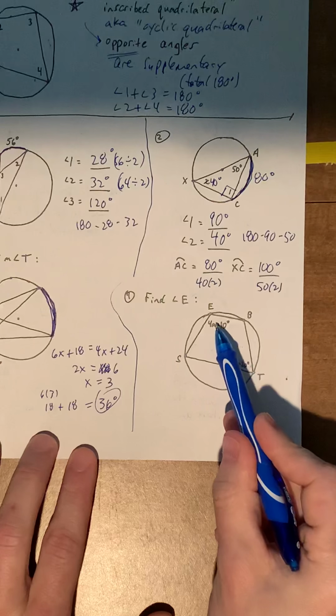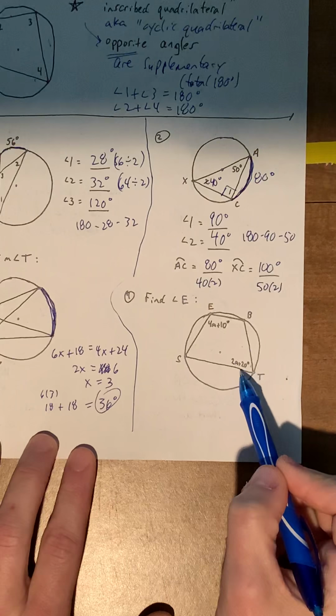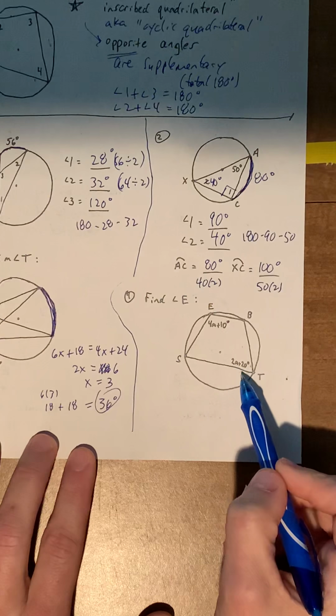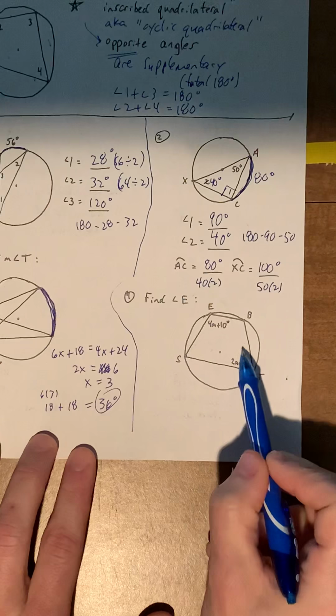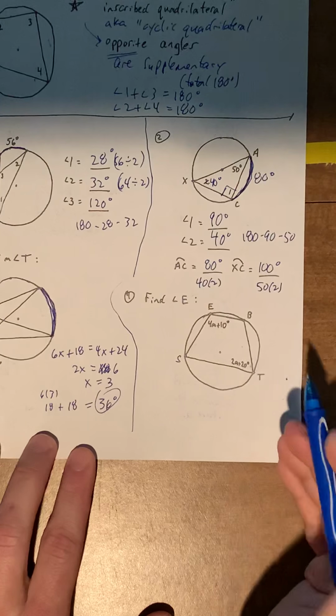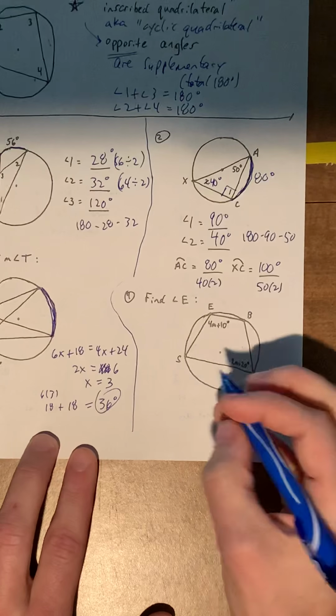And if we look at its opposite angle, we're given an expression for this opposite angle. And from the property above, property 4, opposite angles in a cyclic or inscribed quadrilateral are supplementary. So we know that these two total 180.